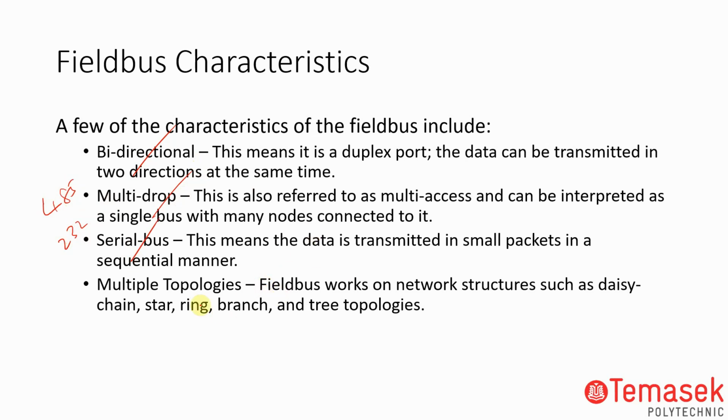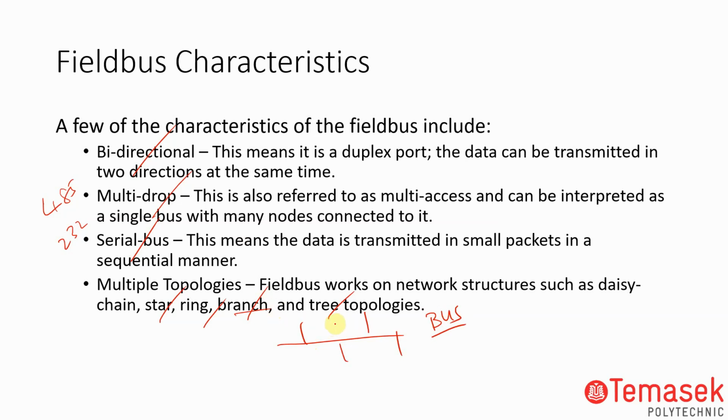The modern ones are star, ring. They still put branch or tree. It's a branch, but basically it's a bus topology, end of the day. There's no branch. There's just bus topology, because if you think about branch, it is bus. This is actually bus. It's not branch.